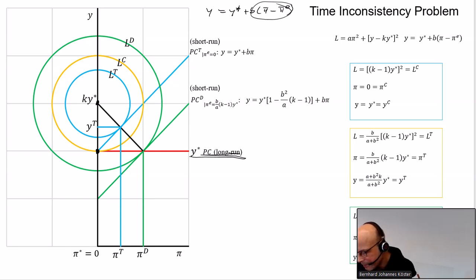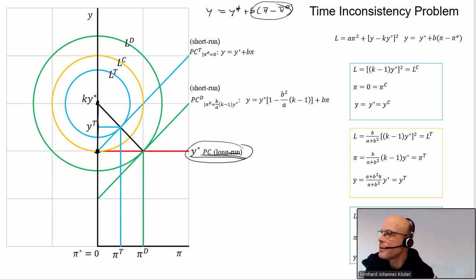So this yellow represents this case where we are very transparent, so to speak, that we really stick to our announcement that we will not increase prices. This horizontal line, the slope of our long run Phillips curve, just coincides with the slope of this indifference curve represented by the yellow circle.